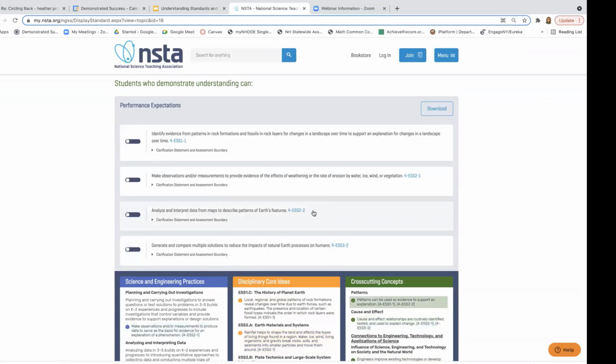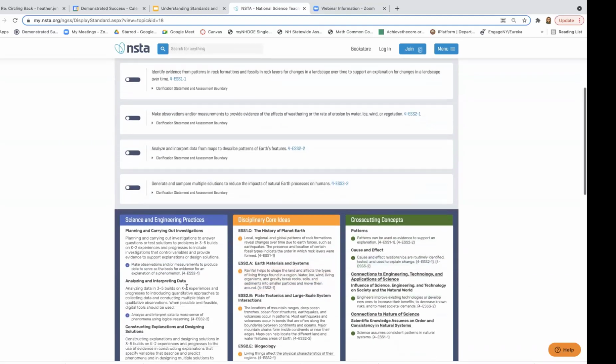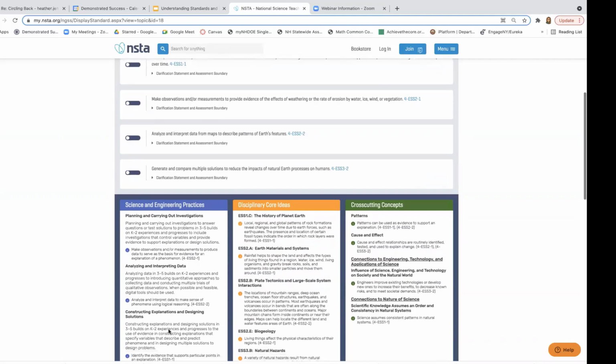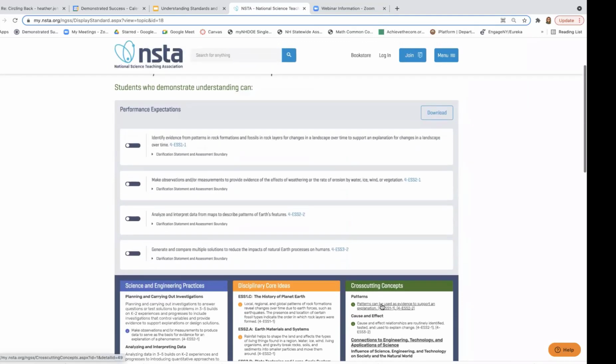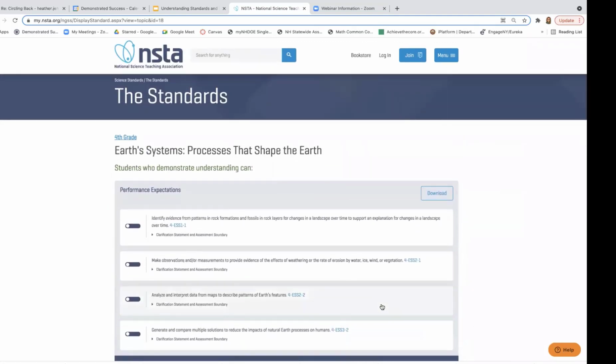I can look at this. It opens this right up for me. Here's my science and engineering practices, the disciplinary core ideas, and any cross-cutting concepts that I might be able to go through in different areas of my classroom. So I wanted to point you in the direction of this site. I hadn't seen this site.